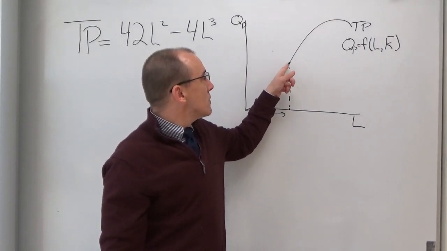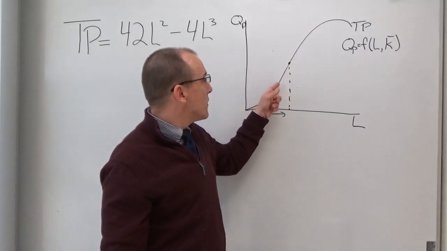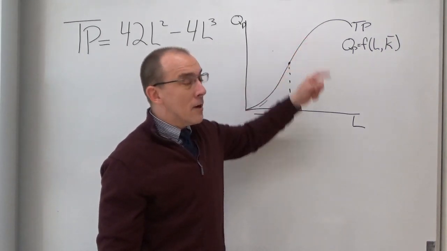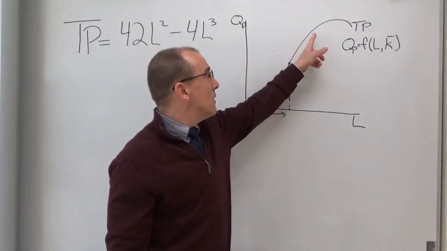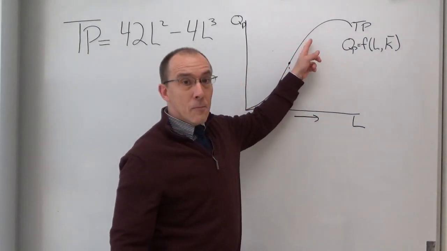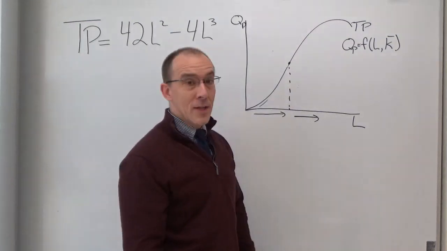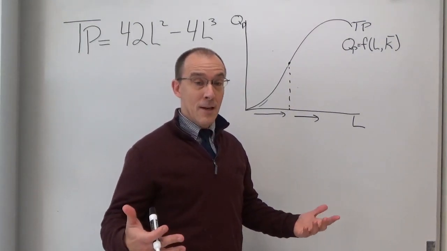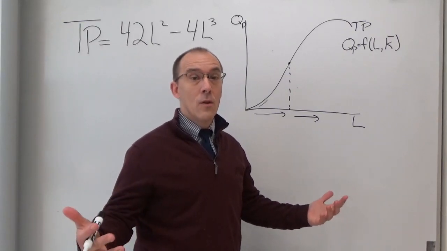You see there's an inflection point here. Before it, as we add more workers, we're getting more product per worker. Once we go beyond that point, as we keep adding additional workers, the amount of additional product brought in by each worker starts to go down. The reason for this is that we are gradually getting to fulfill all of our capital.